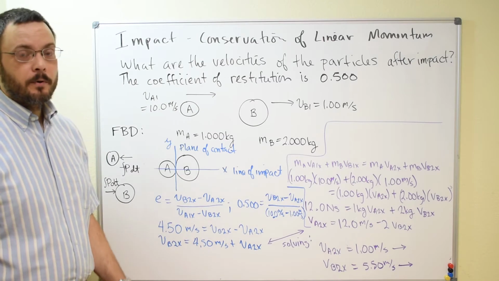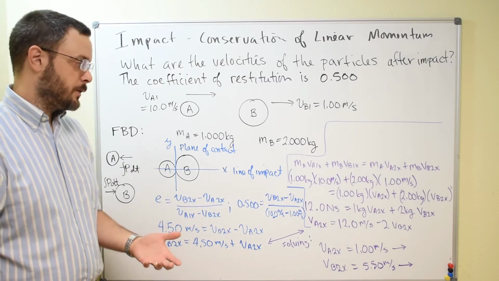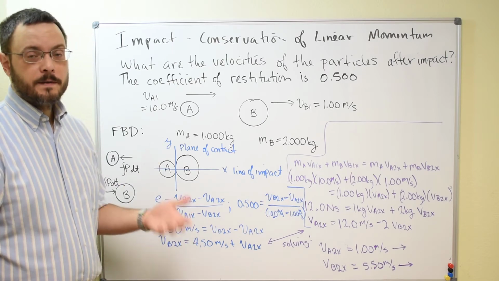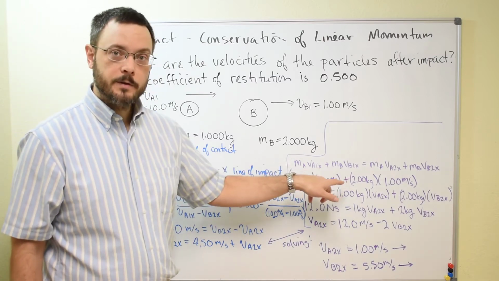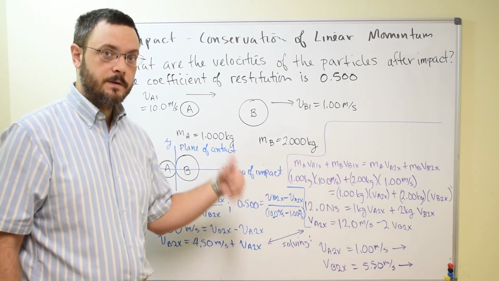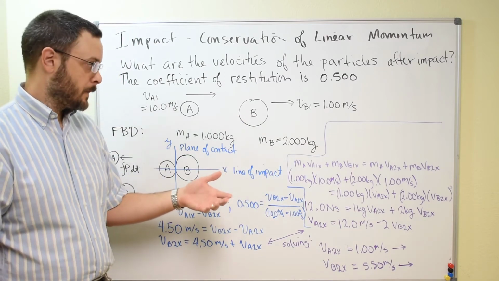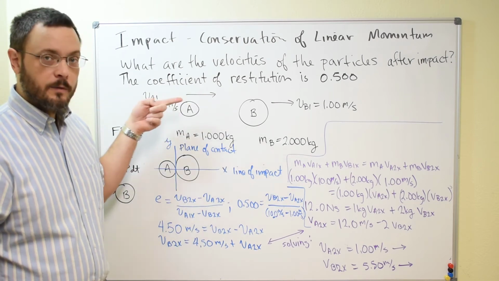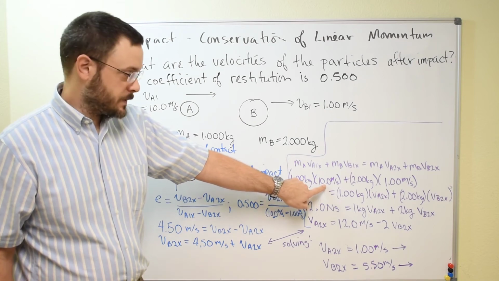What's really important here, and different from the work and energy approach, is that the velocities now have signs, positive and negative. They're not being squared in these equations because these are the scalar equations that correspond to a vector momentum. When the particle's moving to the right, it's moving in the positive x-axis, so that's a positive 10 meters per second.